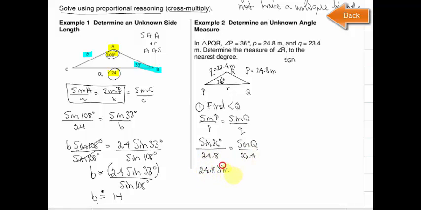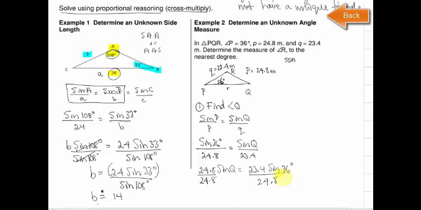24.8 times sine of Q equals 23.4 times sine of 36 degrees. I want to isolate sine Q, so I'm going to divide by 24.8 on both sides.